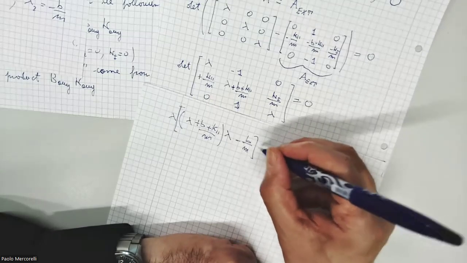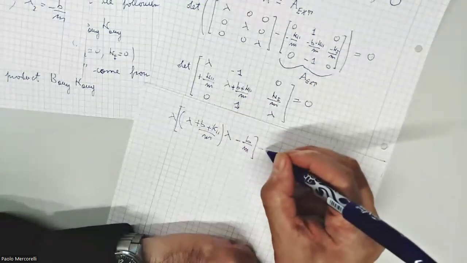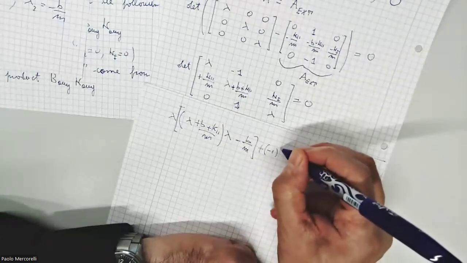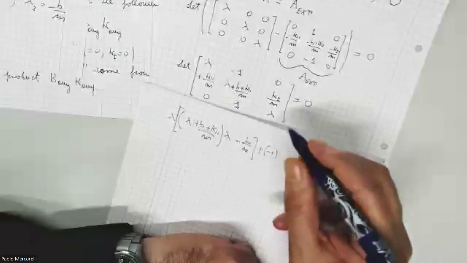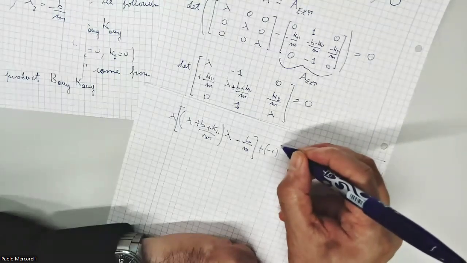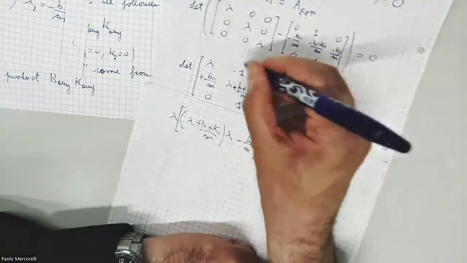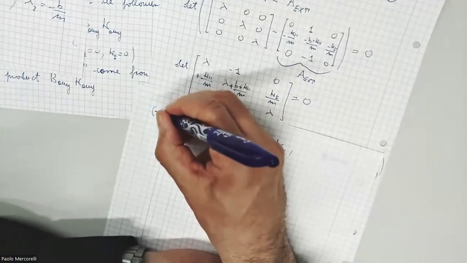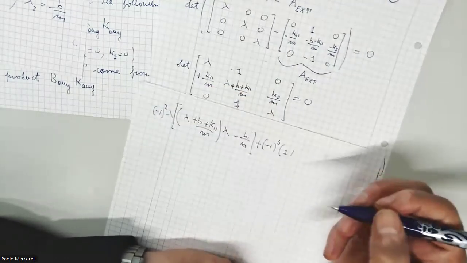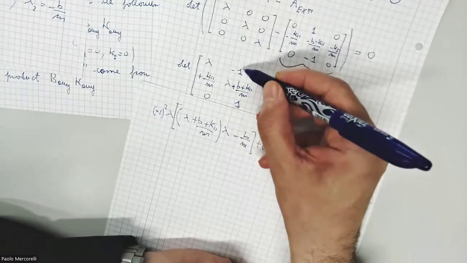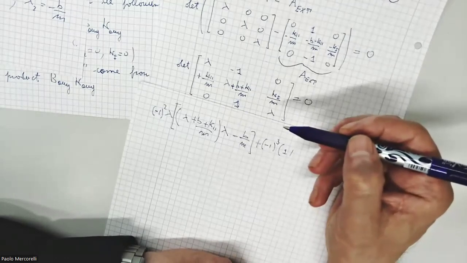Then we have minus, plus, let me say, minus 1 up to 3, which multiplies this element here. Basically, I don't know if you remember, we have minus 1 up to 2, therefore I cancel this row. Yeah, minus 2.